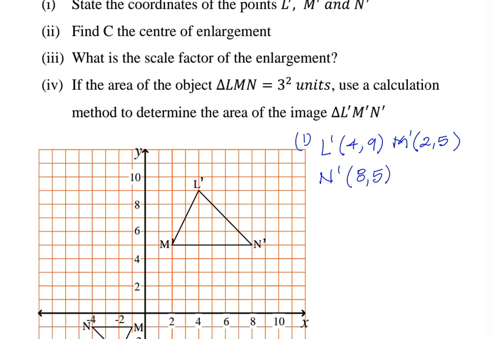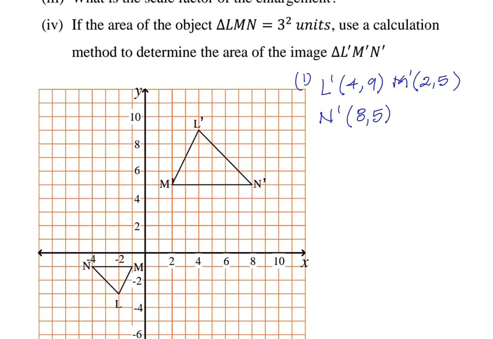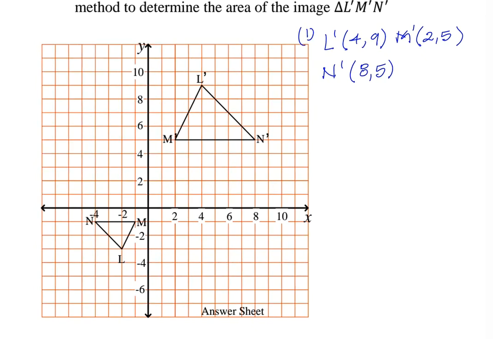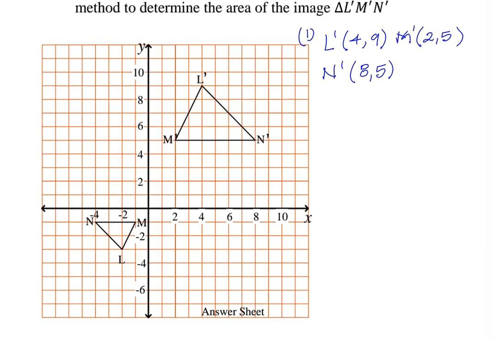Next, we're asked to find the center of enlargement, and we already discussed this earlier. If we use a straight line to connect N and N prime, that straight line must pass through the center of enlargement.